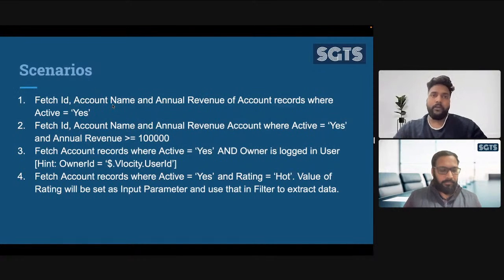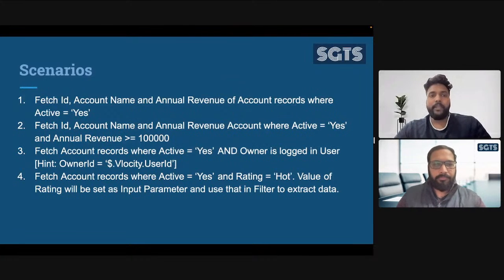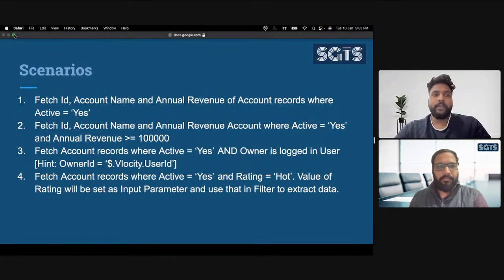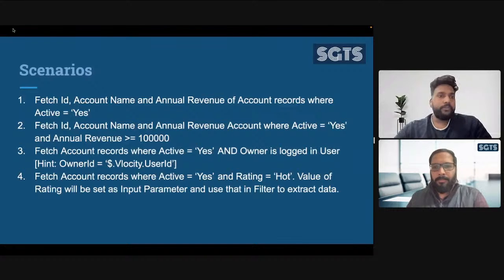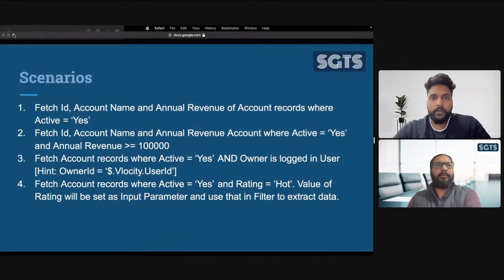Again, we're going to explain all the scenarios in the sequence that we have learned all the topics in season 1. First will be DataRaptor, then we will implement IPs, then we'll implement OmniScripts, then we'll implement the flex cards. So let me jump onto the org.